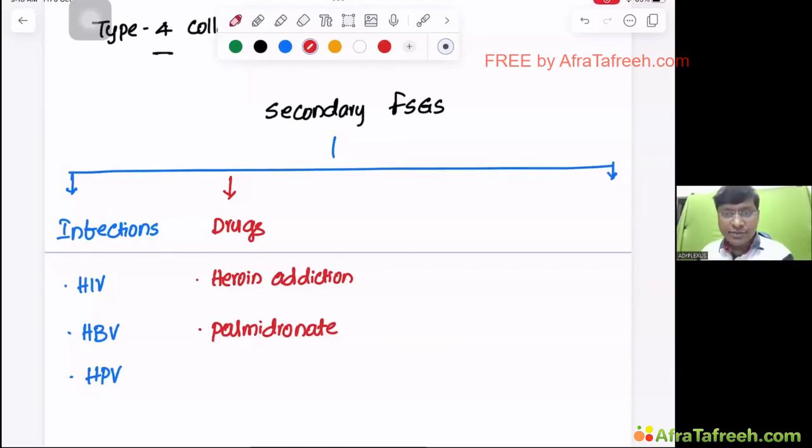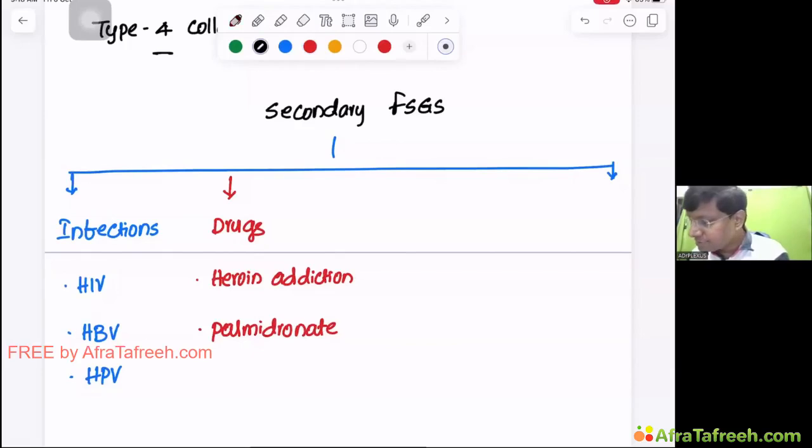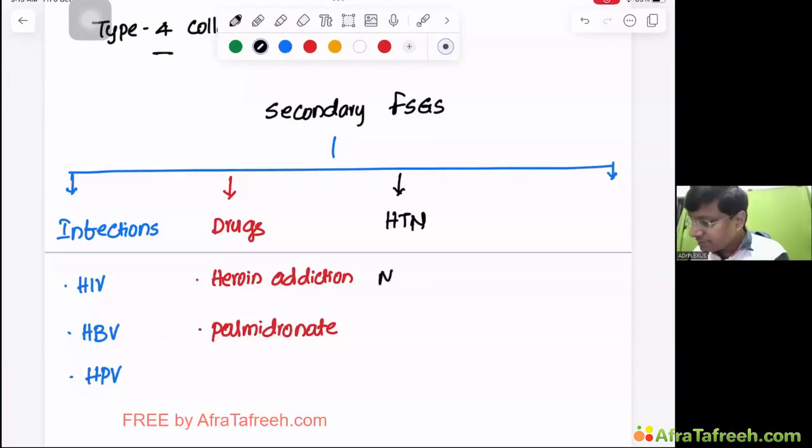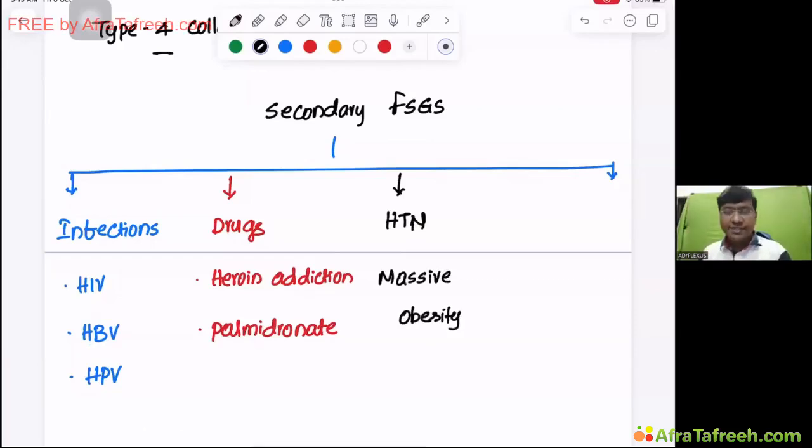And next to the drugs, we have some comorbid conditions. What are those comorbidities which can cause secondary FSGS? Number one is your hypertension, and the next one is massive obesity. Right, hypertension and as well as massive obesity, these two contribute to your focal segmental glomerulosclerosis.